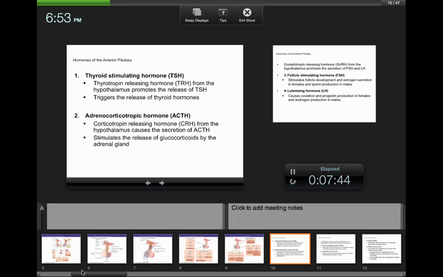What does that do? It increases cellular respiration, increases oxygen consumption, and ultimately increases metabolism, right?